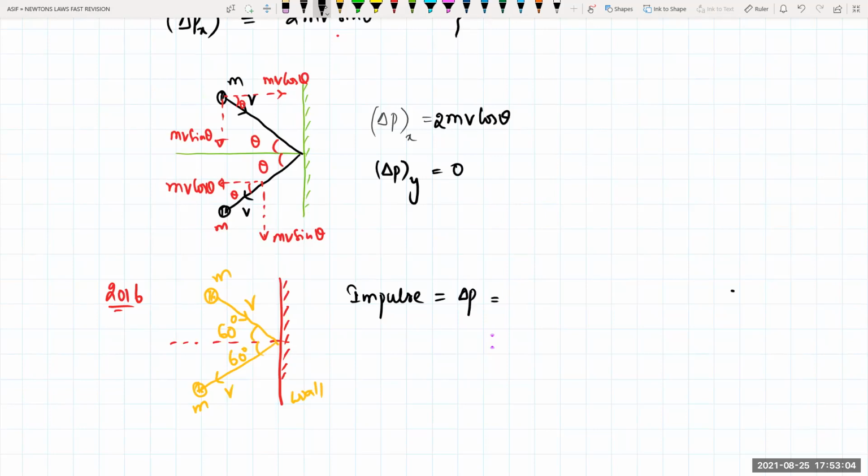I'll be taking 2mv into cos theta, so that will be equal to 2 into m into v into cos 60. Cos 60 is how much? 1 by 2. So this one and this one will get cancelled. So impulse will be equal to mv. Got it?